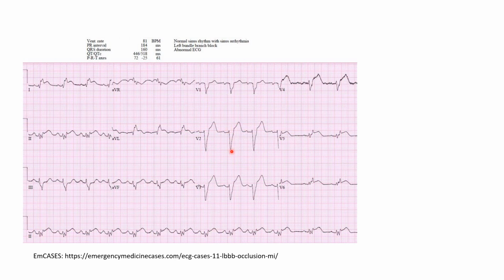Discordance is QRS this way, ST elevation here, and we talk about non-appropriate discordance when the ST elevation is way too big in relation to the S wave here. Yeah, so that's the Sgarbossa criteria, just quickly.